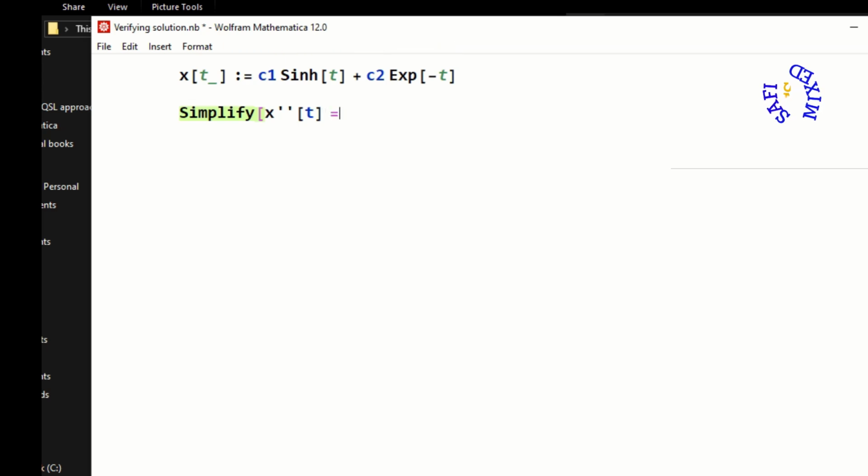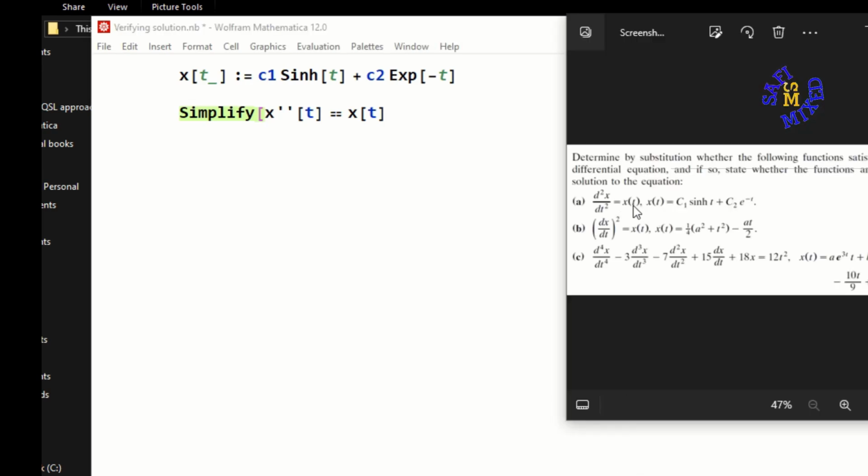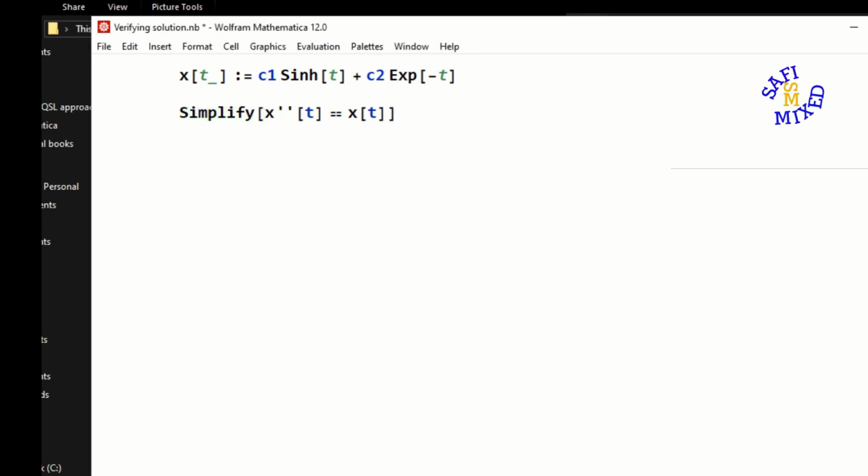And then I put the double equal sign, and again to the right I put x of t, the same way as given in the question. You can see this is the differential equation, so I'm writing that in the same way, and then I add another bracket to close the argument of the function Simplify.